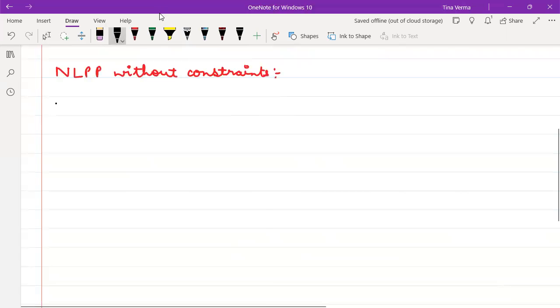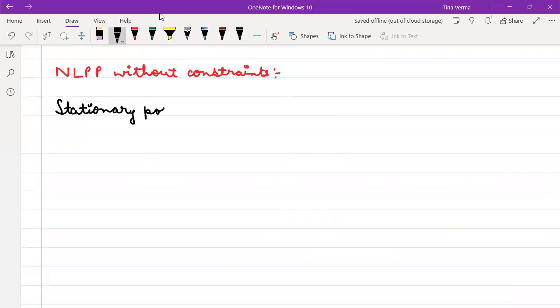So for that, we will firstly find the stationary points, because we have only one function that we have to maximize or minimize. Stationary points, how will you find them? That we have already done. The necessary and sufficient condition for any function to find the stationary point is that you take its partial derivative or the total derivative equal to 0.